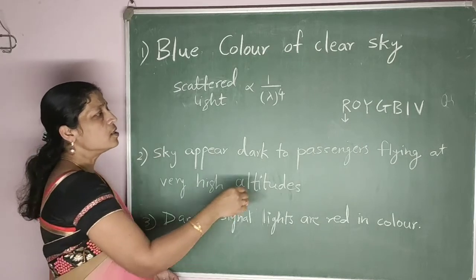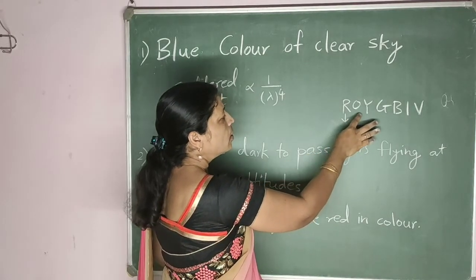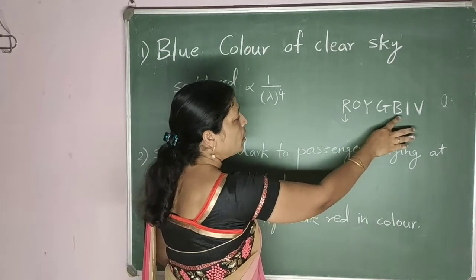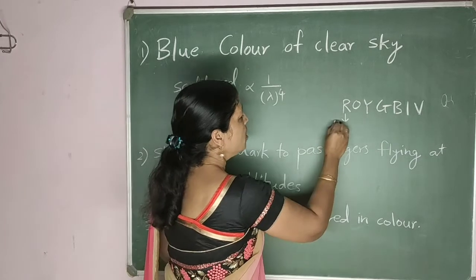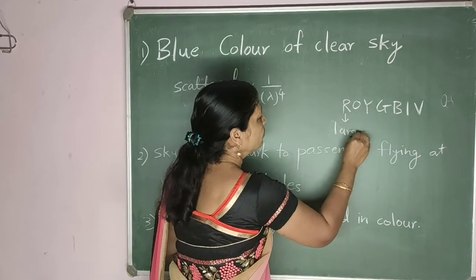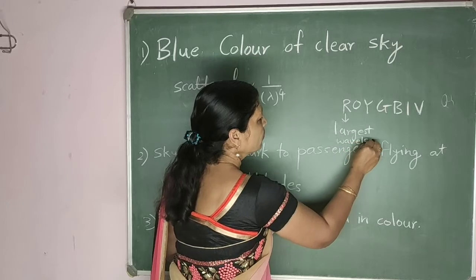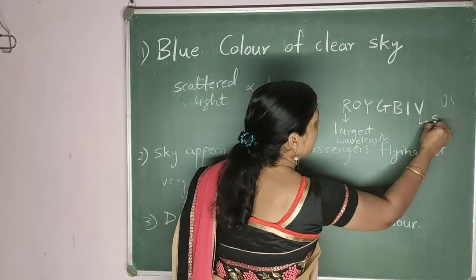The sunlight consists of different colors: red, orange, yellow, green, blue, indigo, violet. Red has the largest wavelength and violet has the smallest wavelength.